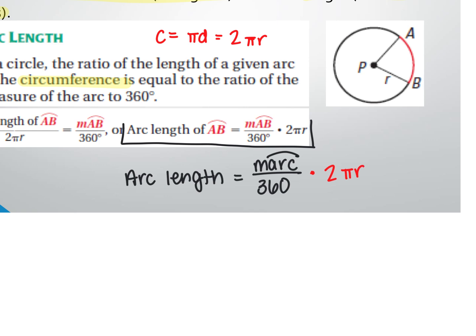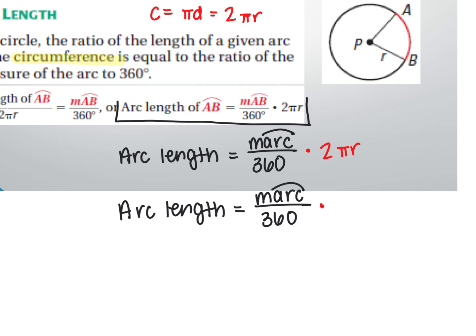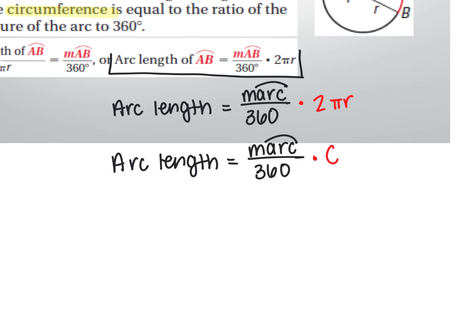So that's one way. Another way I can use arc length, and this will make more sense as we move on and you see what they're asking, equals the measure of the arc over 360 times my circumference.